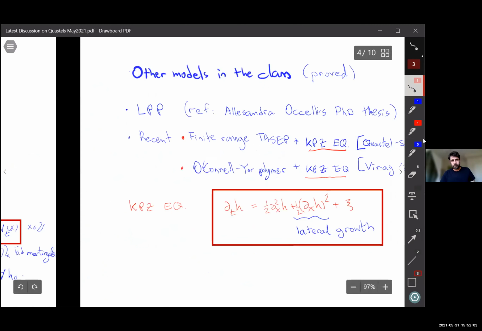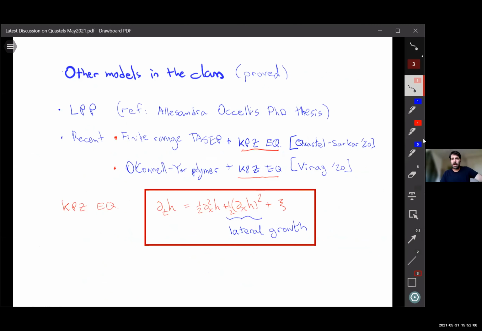Other models in this class that are provable are the last passage percolation models. I found recently the PhD thesis of Alessandra Occelli, and I think it's a great reference for that. The results were known before, but it's very well written.